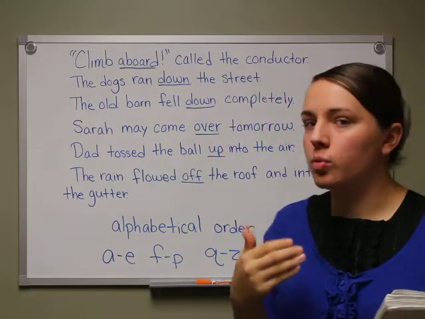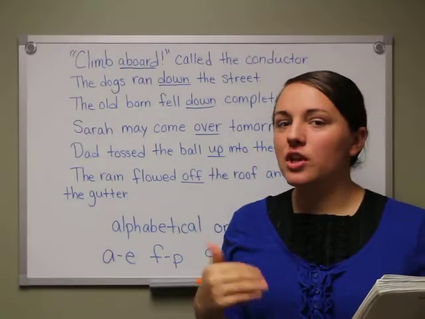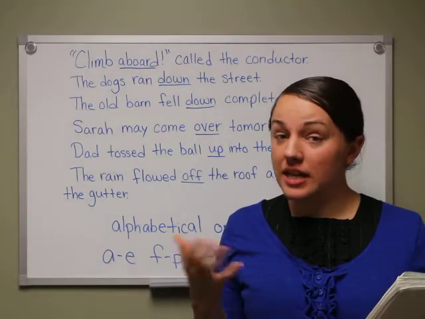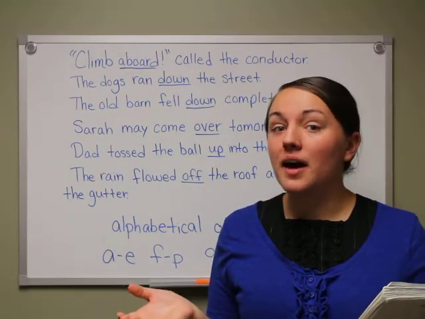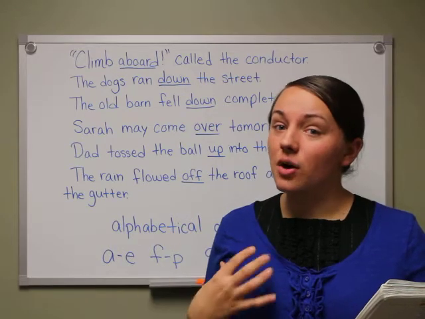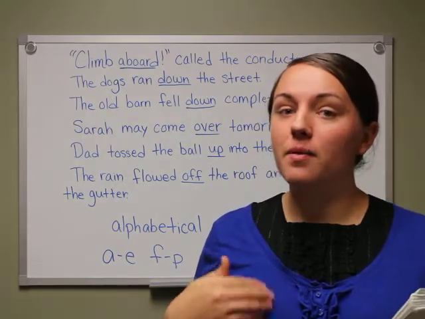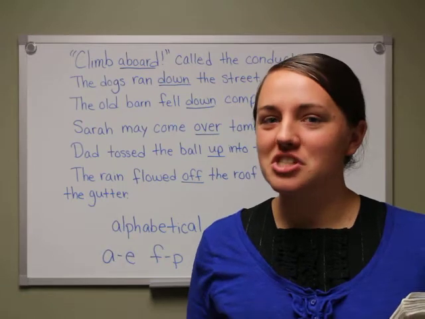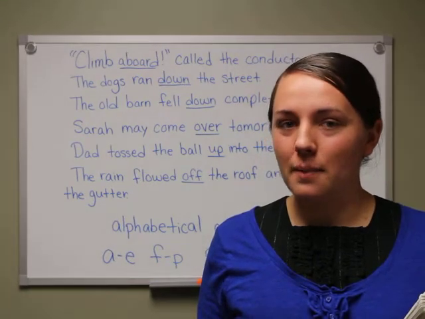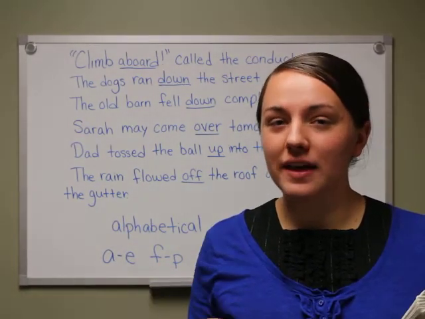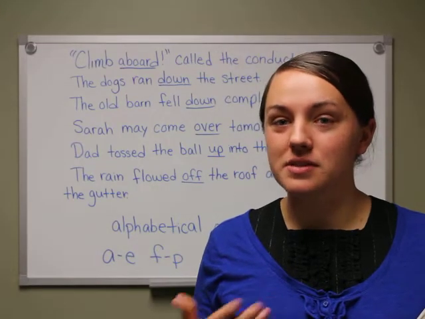Sometimes we find a word in a sentence that looks like a preposition. It's in our preposition list, but it's not always a preposition. Now, one thing about a preposition, remember, prepositions have a best friend. Prepositions have what we call an OP, or an object of preposition.